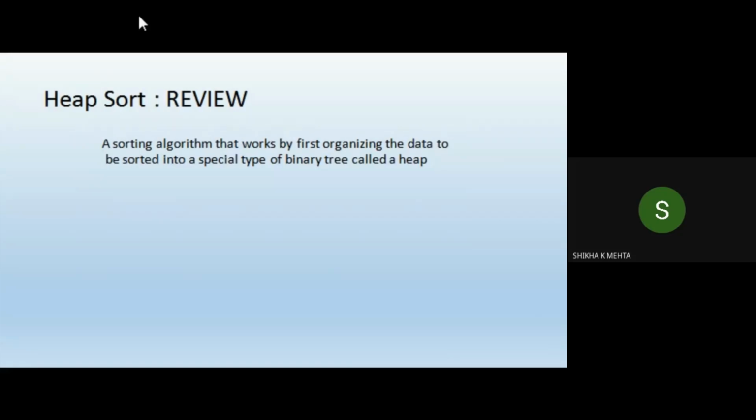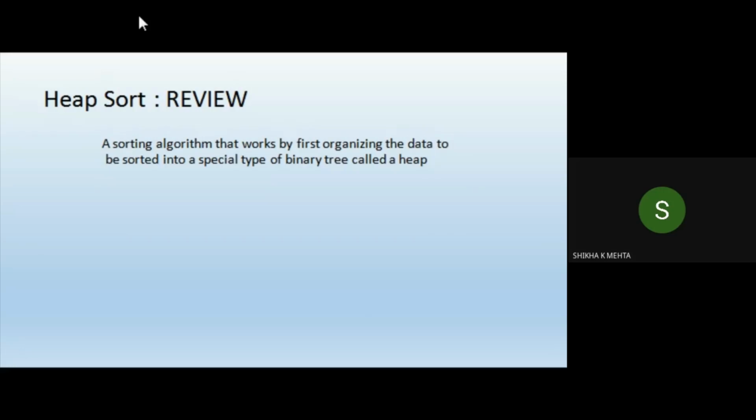If you can recall, in the binary search tree, all the values on the left-hand side were less than the parent node, and all the values on the right-hand side were greater than the parent node. But here we are not creating a binary search tree. It is a complete binary tree.